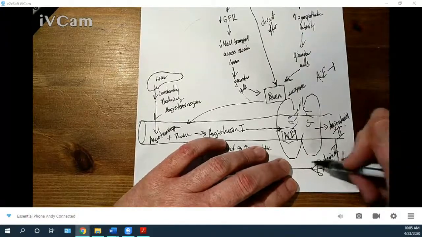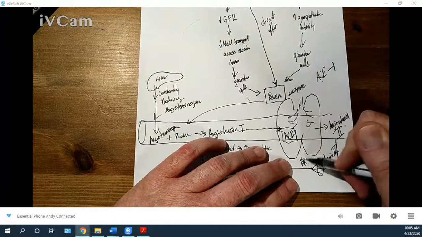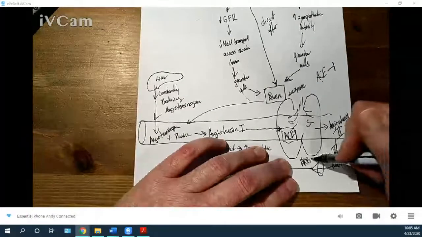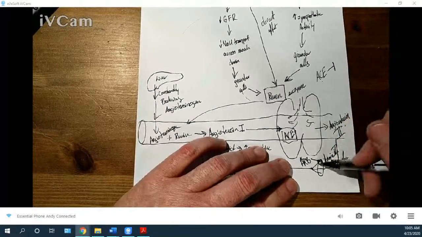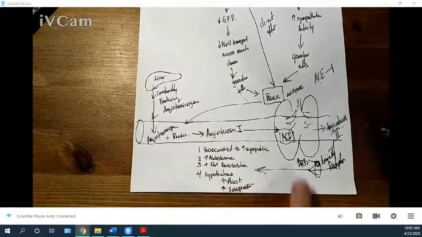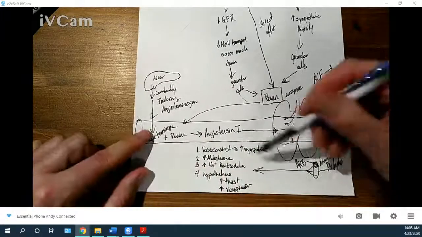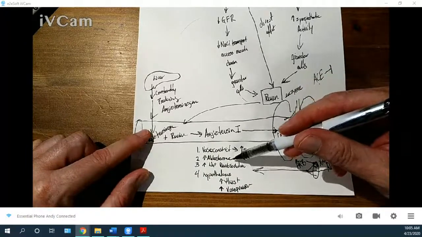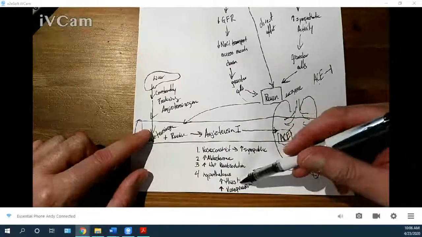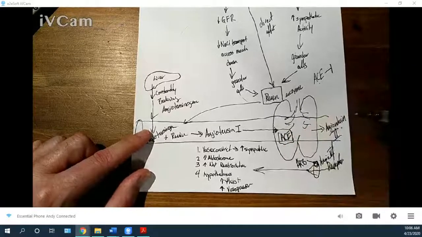And the drug, the ARB, will come in here and bind up the receptor before angiotensin 2 can actually get in there. Therefore, it will prevent all of these effects. So it'll prevent the vasoconstriction, sodium reabsorption, aldosterone release. It'll quiet down the thirst and the vasopressin.